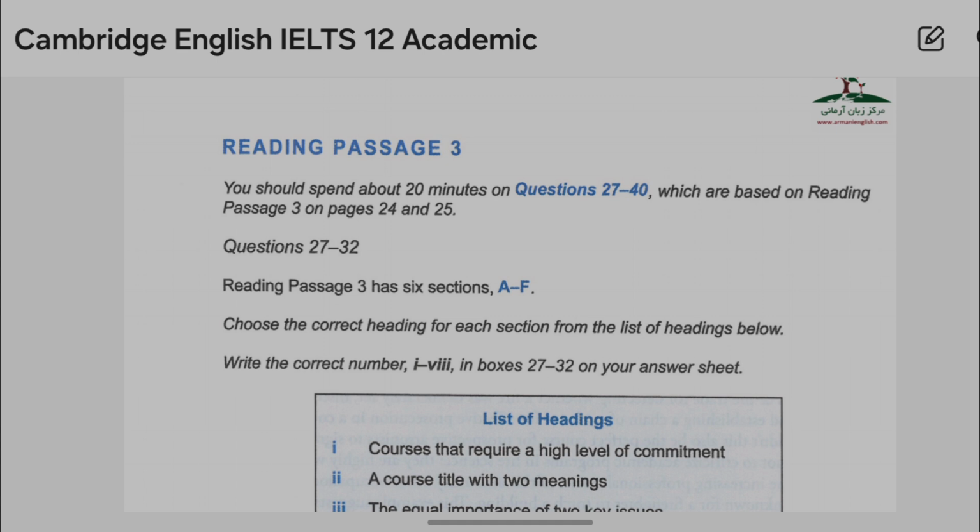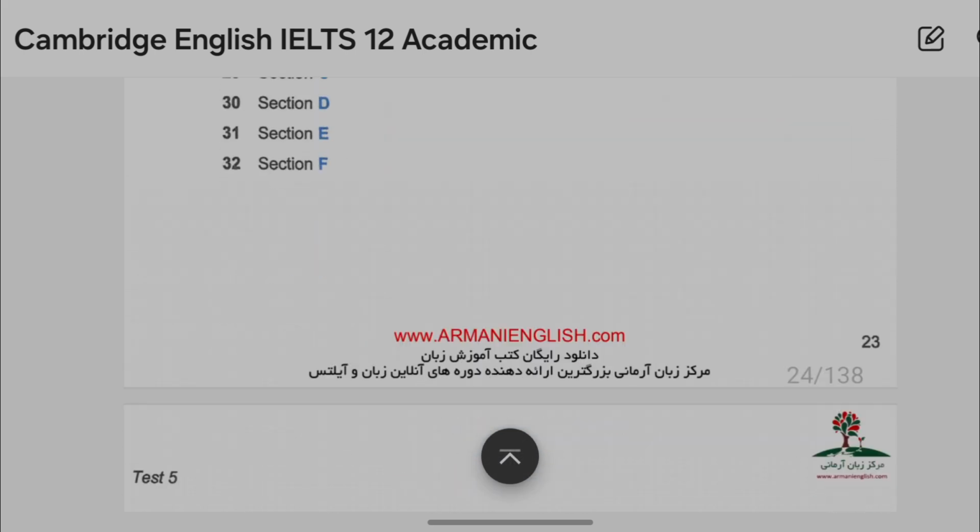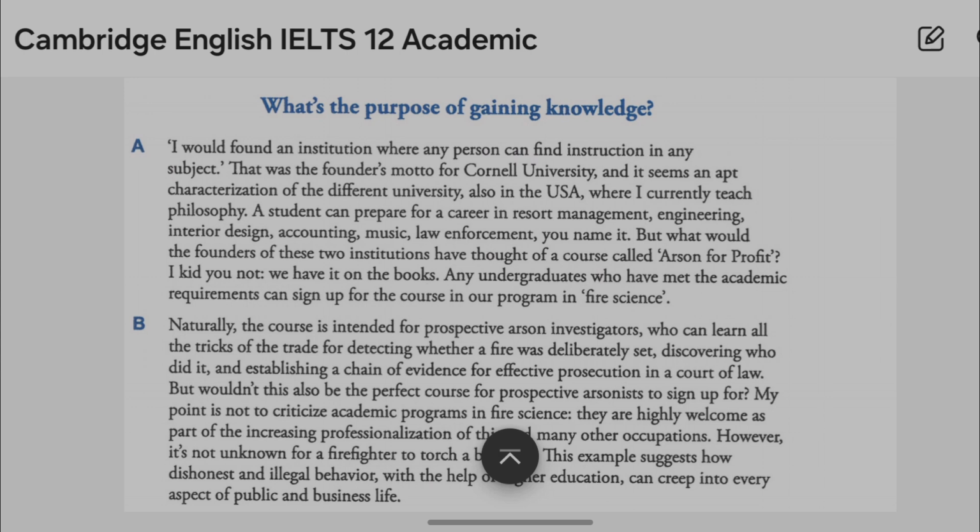What students normally do is that whenever they see this type of question, they panic a lot because they think that these types of questions are very difficult and take lots of time. But no, that's wrong. The approach of the students is that when they see this question, they will first read all the headings and then they will start reading the sections.